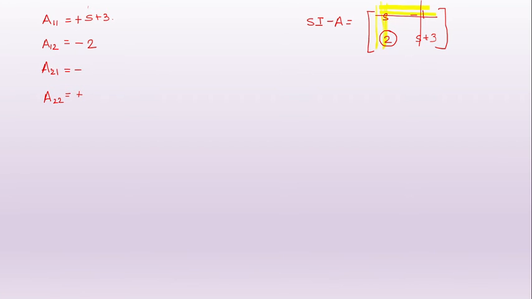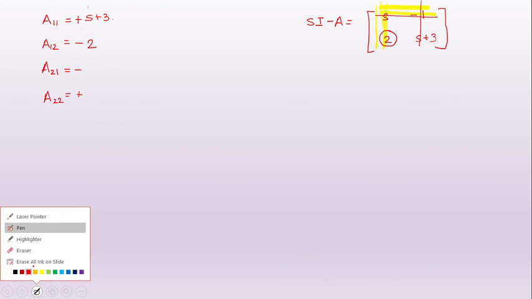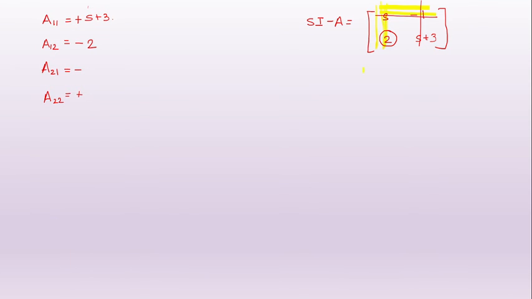Next is second row, first column. Second row means this row, and the column is the first column. So which element are we getting?